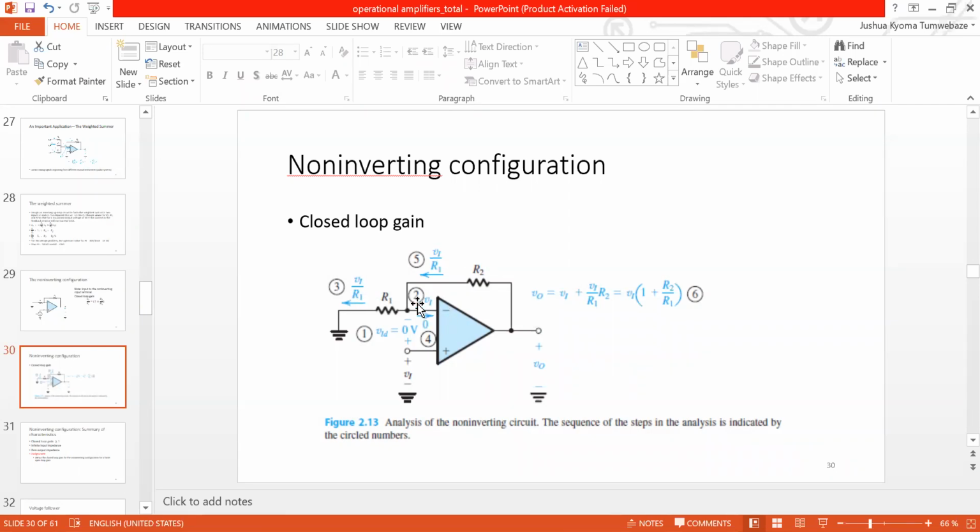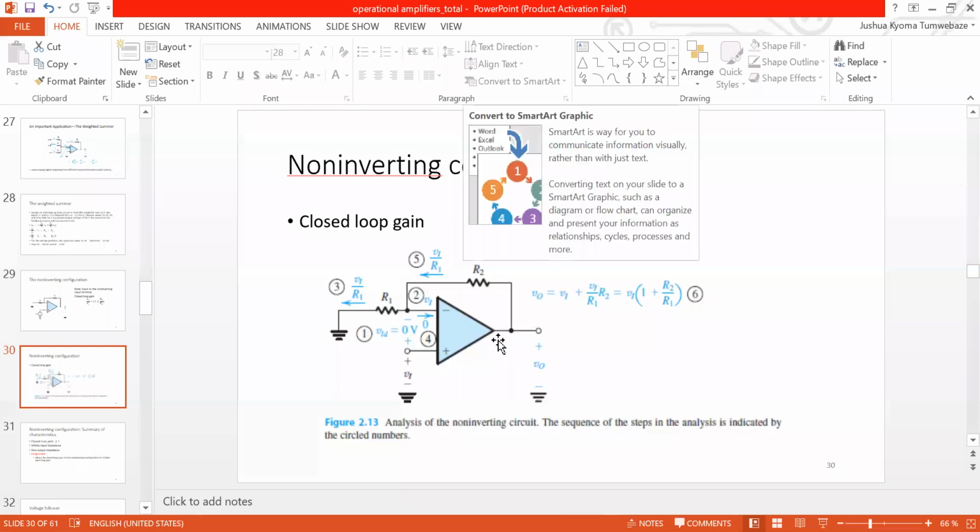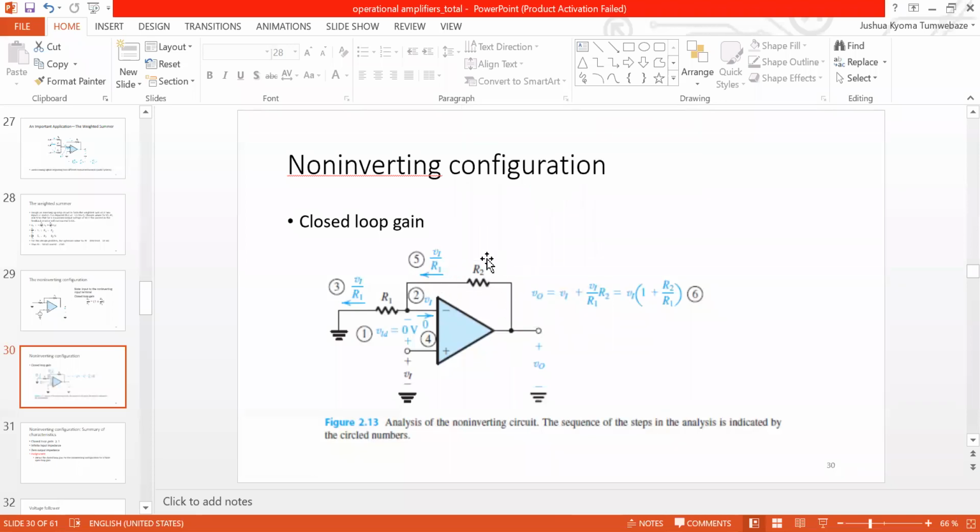Now, we know that no current is going to enter the op-amp input terminals. Therefore, all that current must flow through R2. So we have the current VI over R1 flowing through R2. We know that current, we know the voltage there, it's VI.